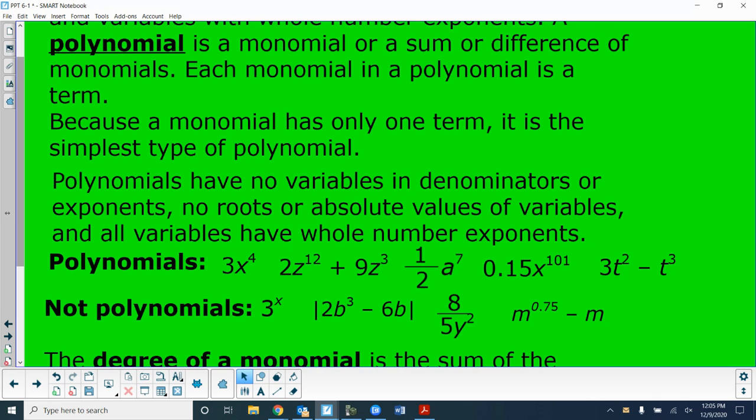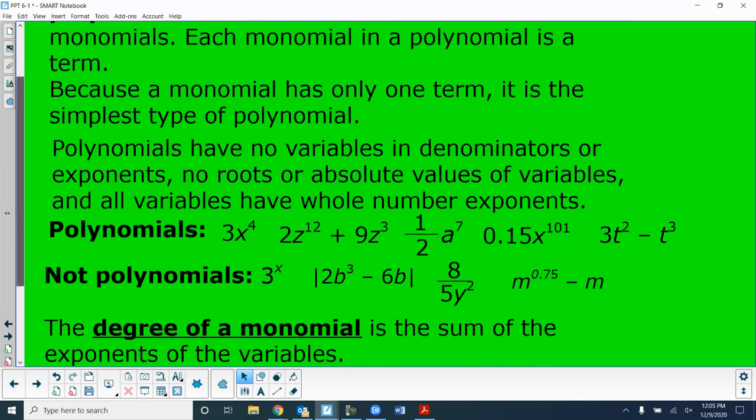So I have a 4, a 12, a 3, a 7, a 101, a 2, a 3. Those are all whole numbers. You won't have any decimal exponents. It would not be a polynomial if you had a decimal or a fraction for an exponent. So those are examples of polynomials and some examples of things that are not polynomials.